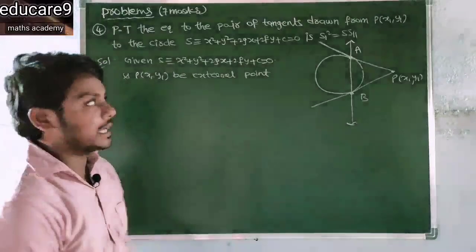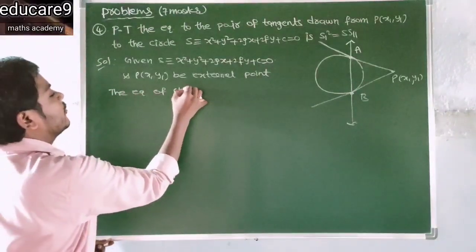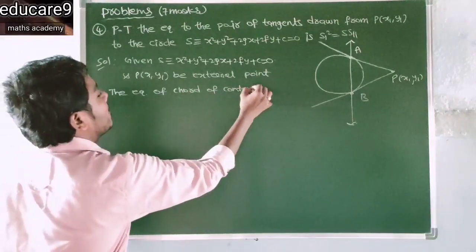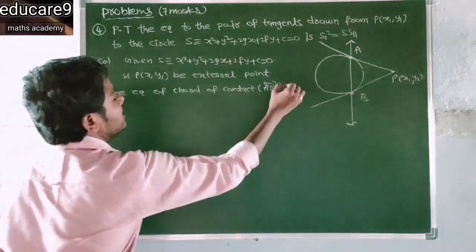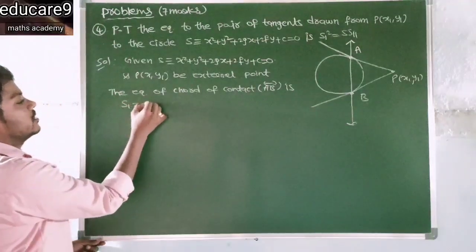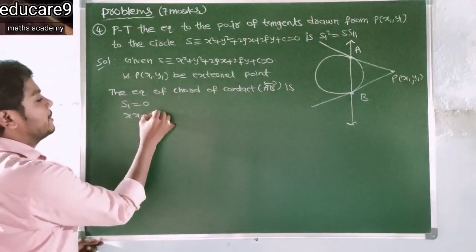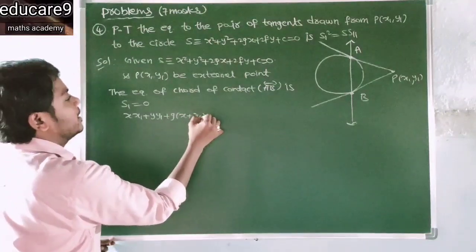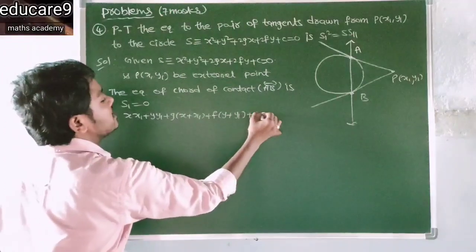Chord of contact. The equation of chord of contact, in bracket AB, is what? S1 equals 0. So that is x x1 plus y y1 plus g(x plus x1) plus f(y plus y1) plus c equals 0.